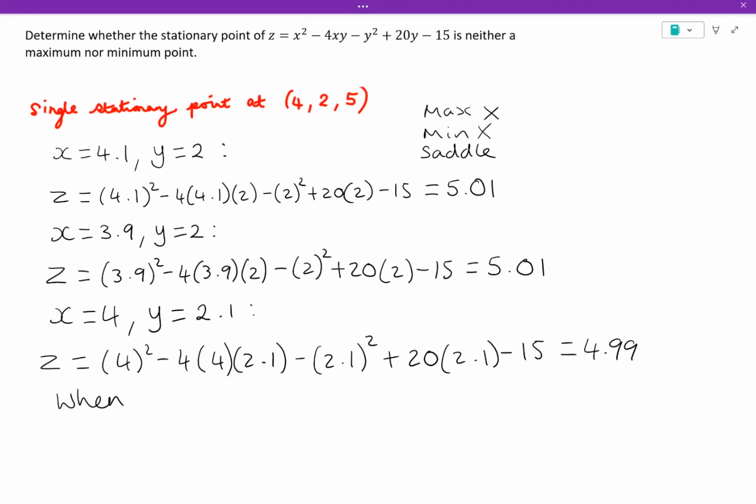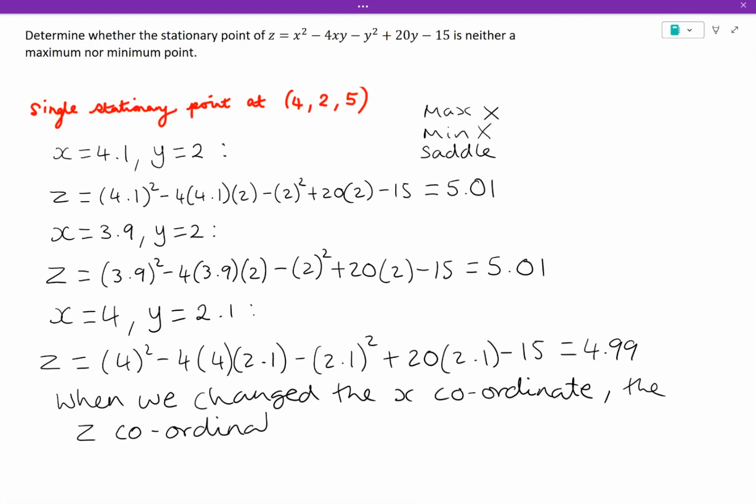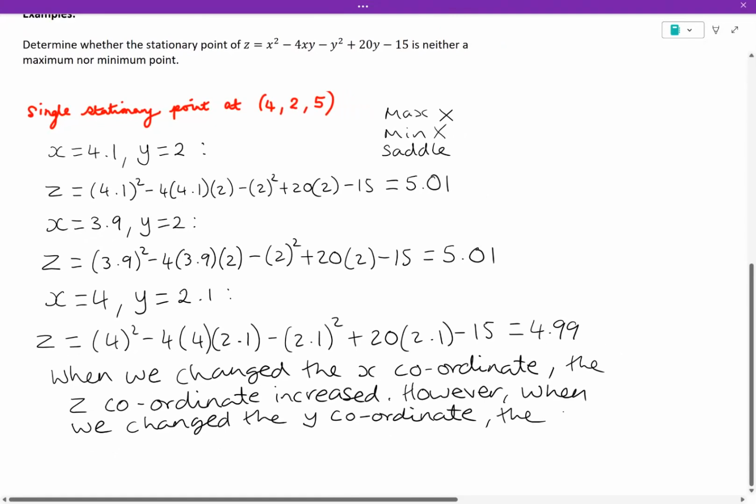When we change the x coordinate, the z coordinate increased. However, when we changed the y coordinate, the z coordinate decreased.